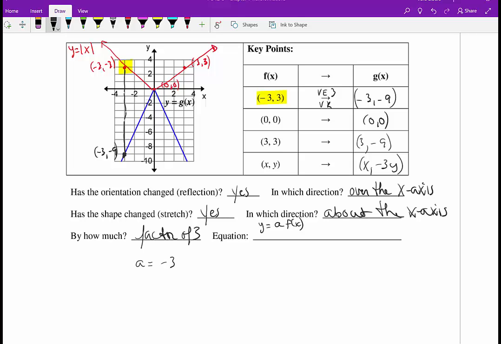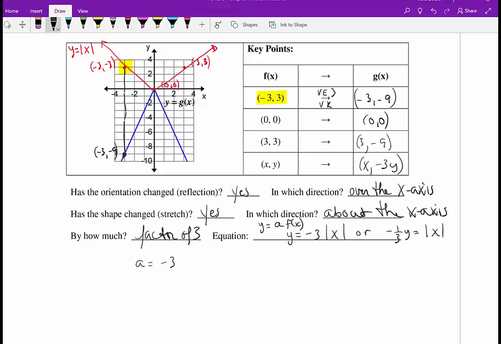And so what's my equation? My equation is y equals negative 3 times the absolute value of x, because that's my base function, right? The absolute value of x. And of course, I can also write it as negative 1/3 y equals the absolute value of x. Both of them are correct.